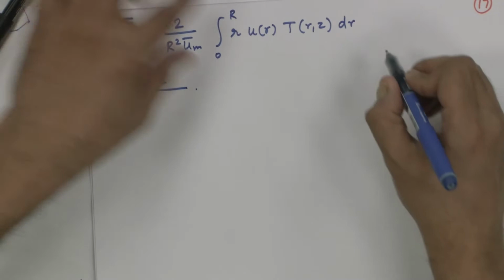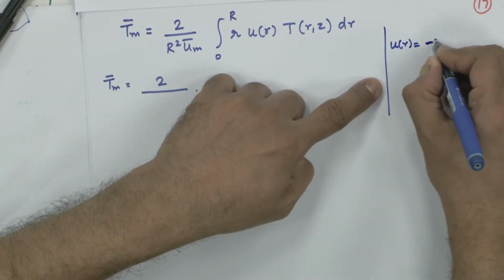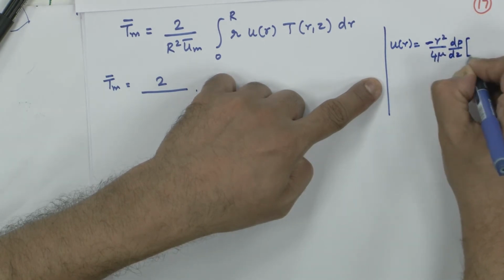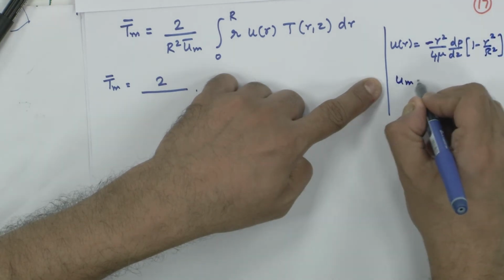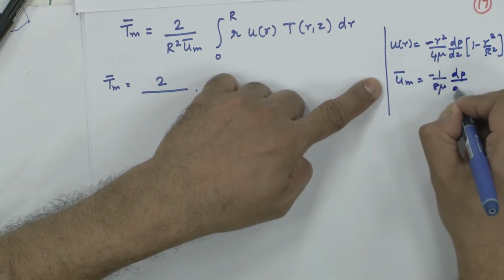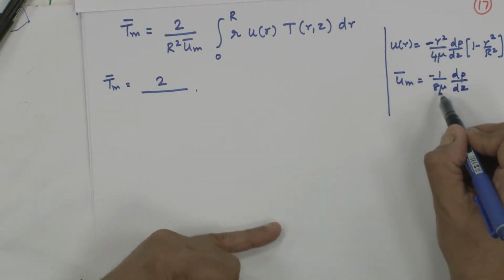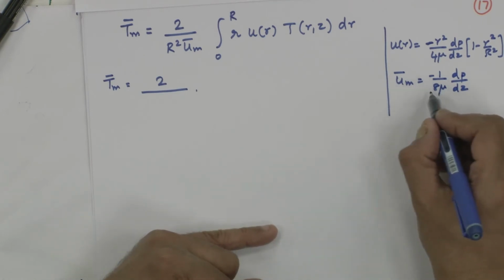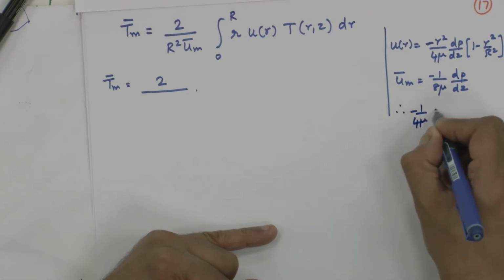Remember, we also had u of r is equal to minus R squared by 4 mu dp by dz into 1 minus r squared by R squared. This was my expression, and bulk mean velocity was 1 by 8 mu, of course minus sign is there, dp by dz. So, if I substitute for dp by dz and 1 by 4 mu, this is nothing but 2 times bulk mean velocity, correct. This is 2 times bulk mean velocity, therefore, minus 1 by 4 mu dp by dz.